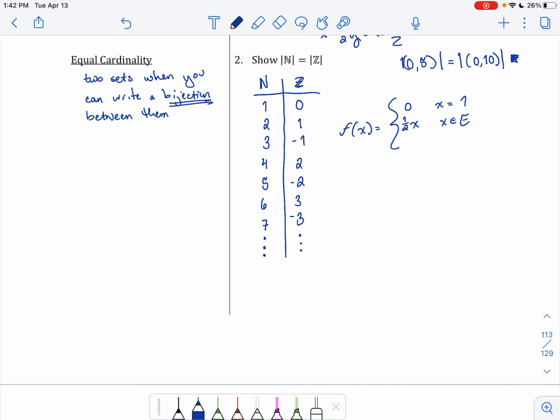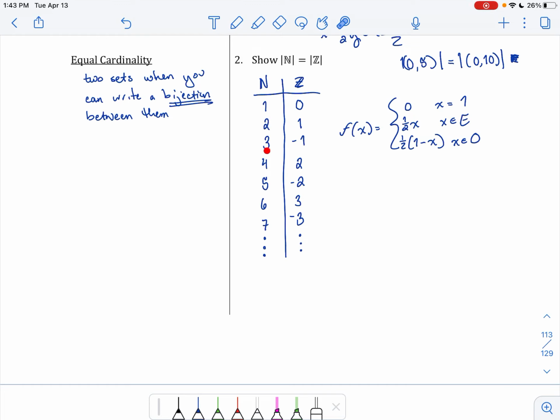And when it's in the odd numbers, I'm going to say that it's 1/2, and then I want it to be negative. And since we start, if I just did 1/2 negative, that wouldn't work out. So I'm going to say 1 minus x for the odds.